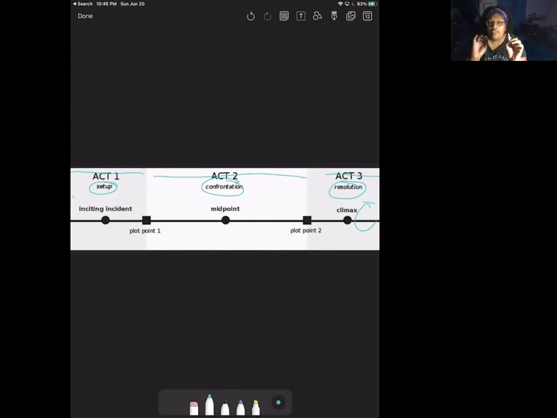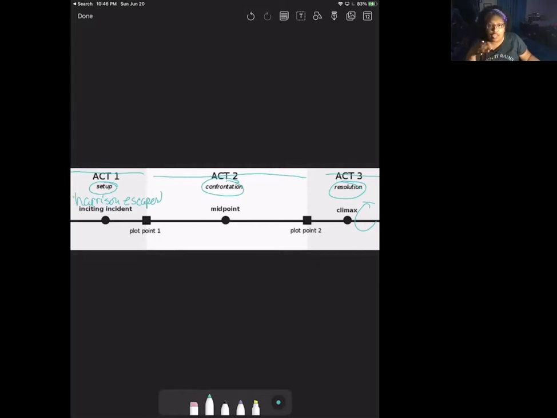So here, the inciting incident is Harrison escapes. You can make an argument for Harrison being arrested as the inciting incident, and I will be willing to hear that argument. I'm going to argue that the inciting incident is when Harrison escapes, because that's when the story starts moving. That's when you start seeing things happening.